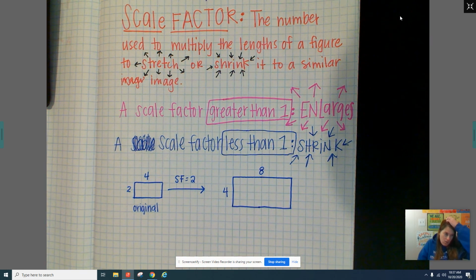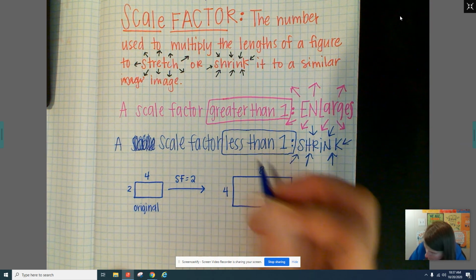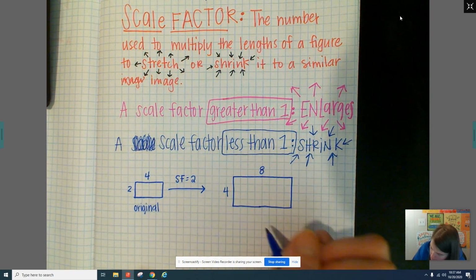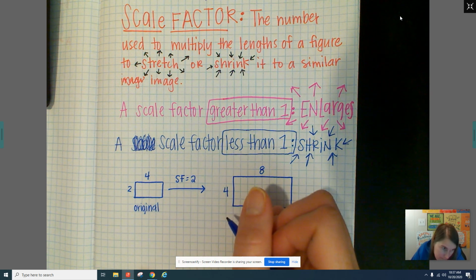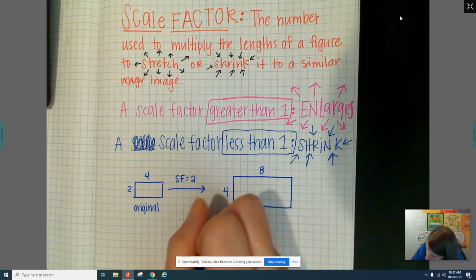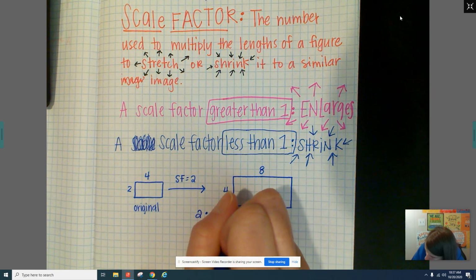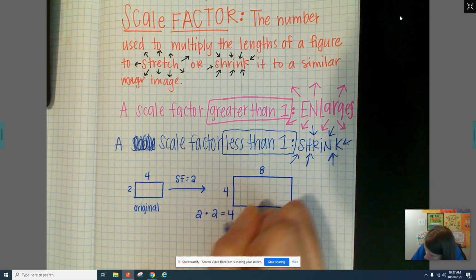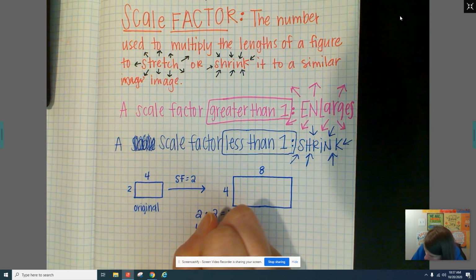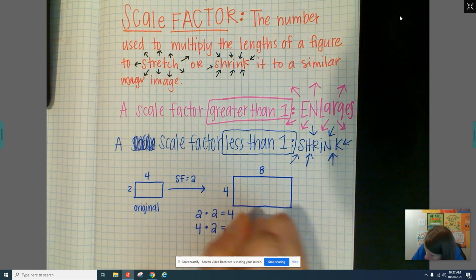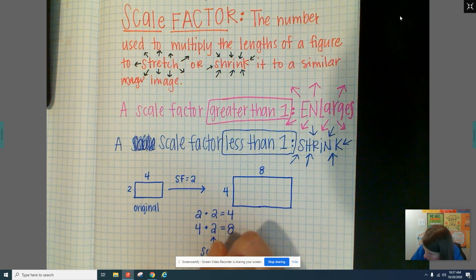All sides were multiplied by the scale factor to get the new side length, okay? So 2 times 2 equals 4, and 4 times 2 equals 8. 2 is the scale factor.